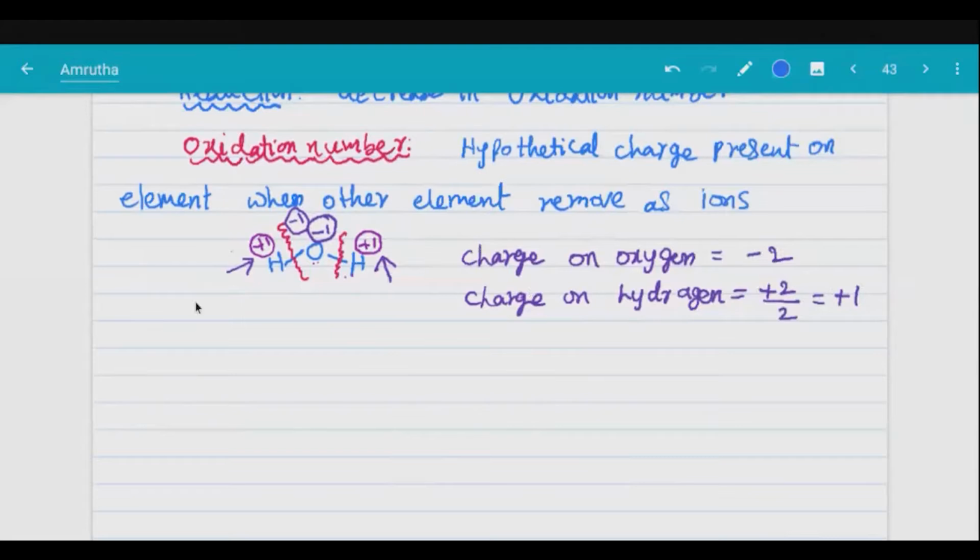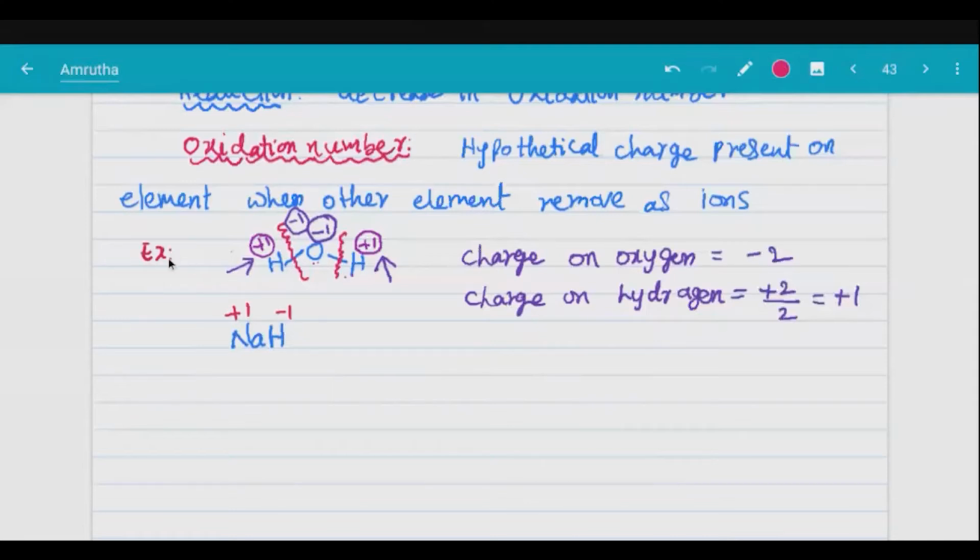Now if I take another example, sodium hydride. What is the charge on sodium? Can anybody tell me? Exactly, it is +1. There is no doubt. Sodium is +1, but hydrogen is -1 here. Look at these two examples.